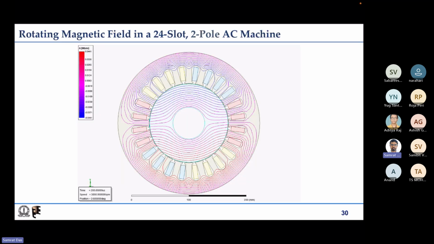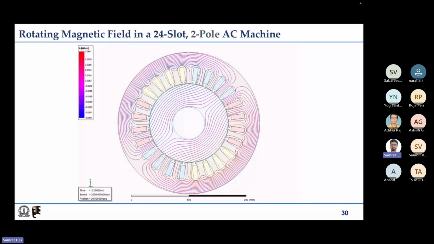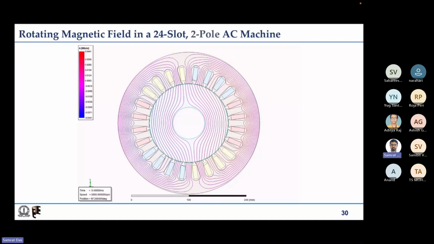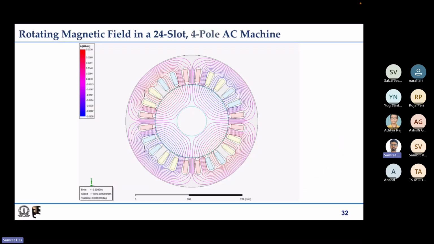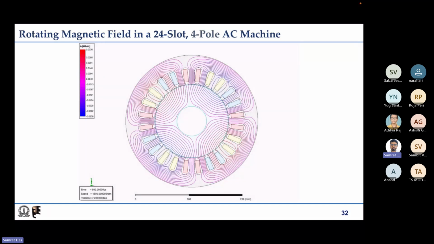Say a 24 slot two pole machine, we saw how it rotates. Then the same thing for a four pole machine, we understood how to make the winding to get four poles out of the same stator structure, by just changing the way we wind the coils.